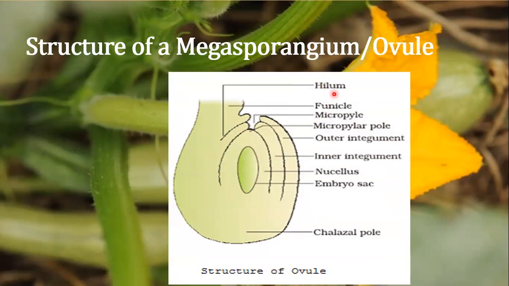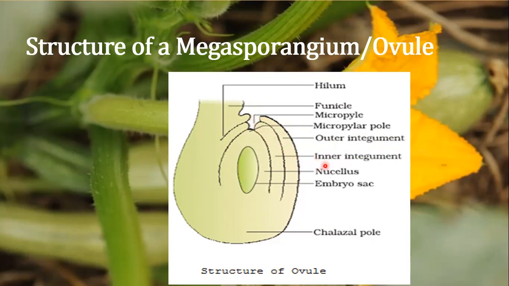So the hilum is the junction between the ovule and the funicle, and the ovule has 2 protective covers called integuments, the outer integument and the inner integument. In certain regions, the integuments are absent to form a pore-like structure. This structure is called micropyle, through which the pollen tube enters into the embryo sac.